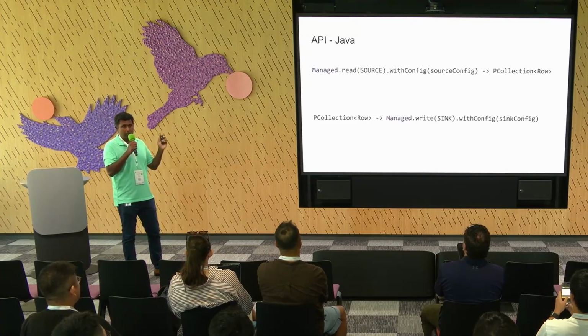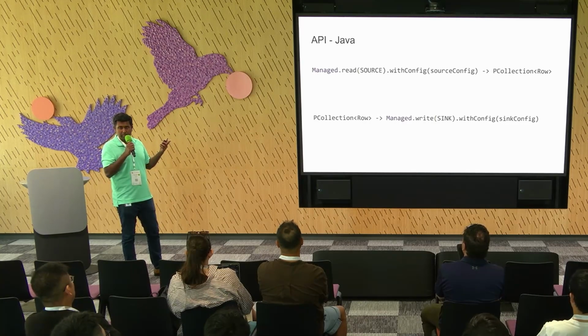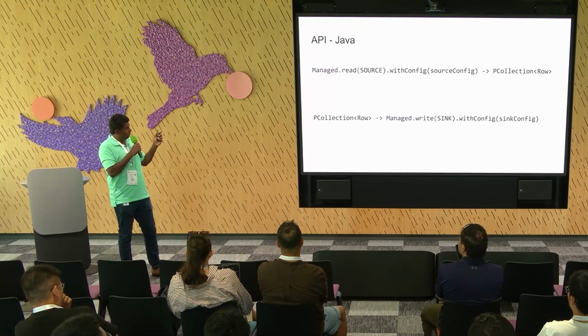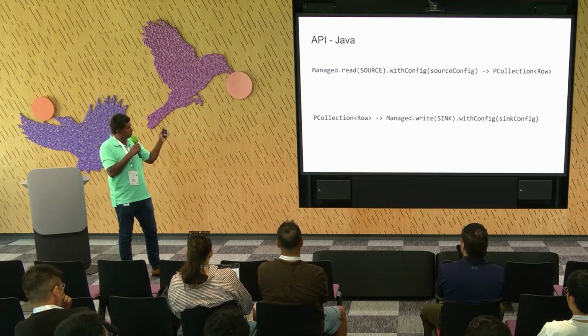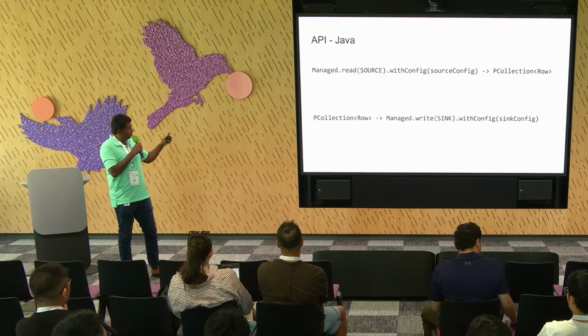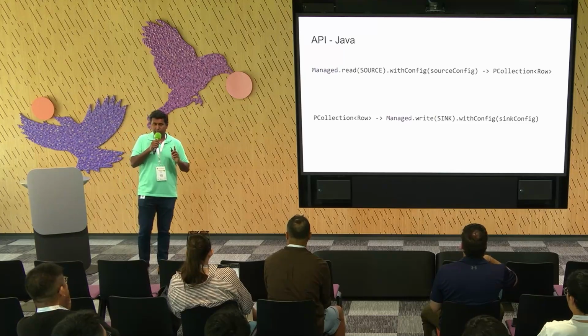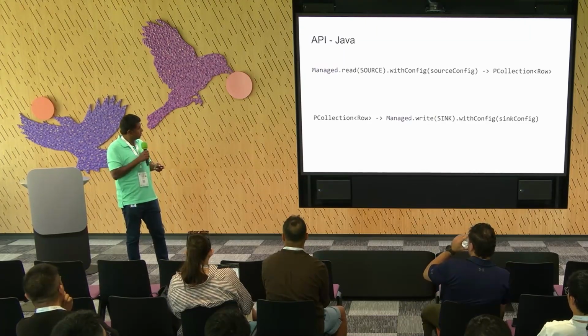This will instantiate your transform, and when you apply it to a pipeline, it will create a PCollection of type Row, or one or more PCollections. Similarly for sinks, it will consume one or more PCollections of type Row, and you would construct it using manage.write, the key that identifies the sink, and withConfig, the configuration to construct it.